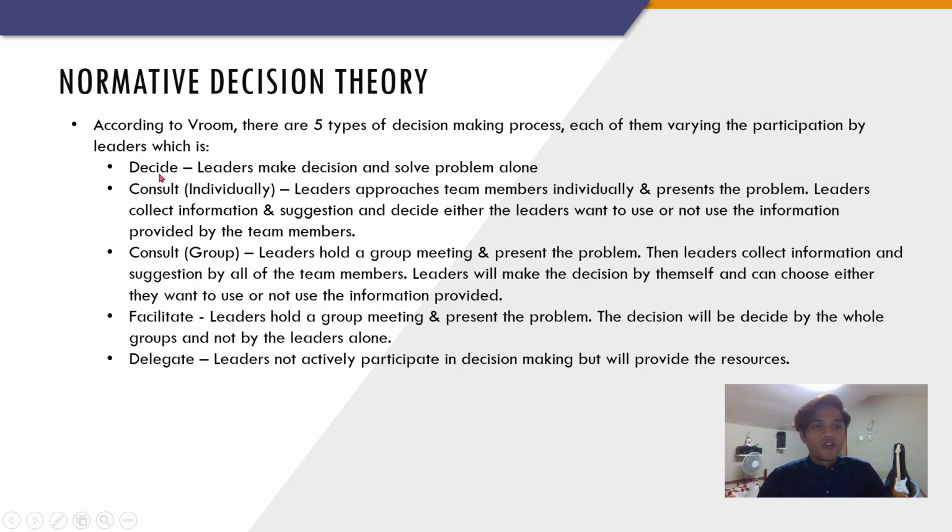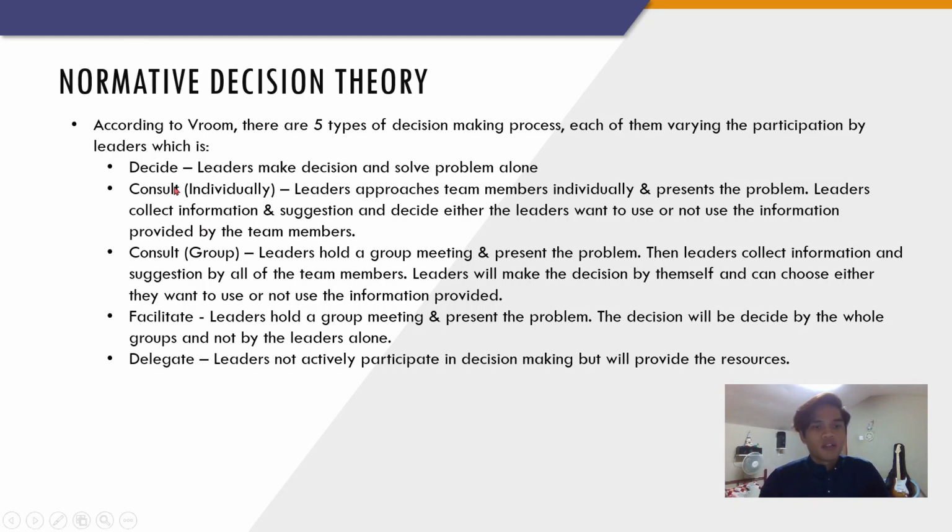For decide, leaders make decisions and solve problems alone. So the first one is decide, and leaders make decisions on their own and solve the problem alone. They don't involve any team members in their decision making.